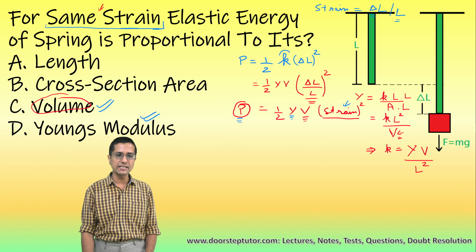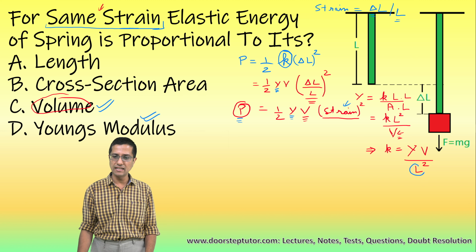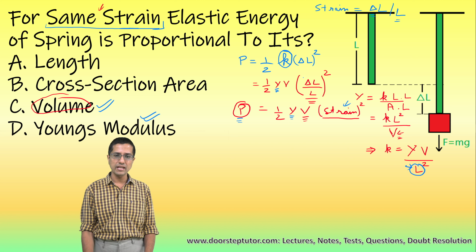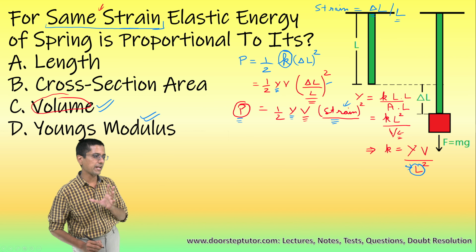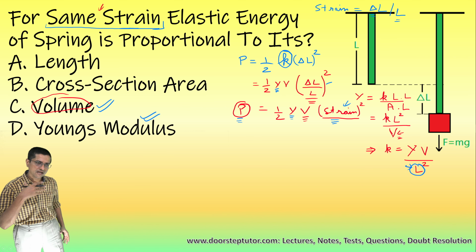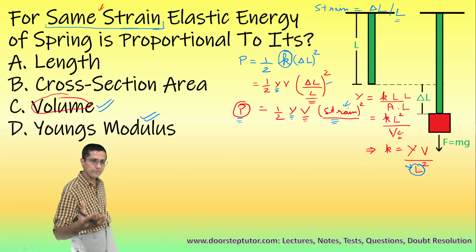The trick here was to understand that by converting this K to the Young's modulus, I can get this L term, and as soon as I have this L term here, I can now express this entire formula for potential energy in terms of strain. That was the trick here. Of course this thing comes very naturally, right?